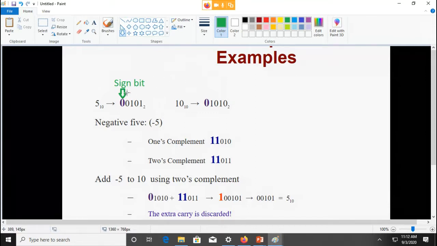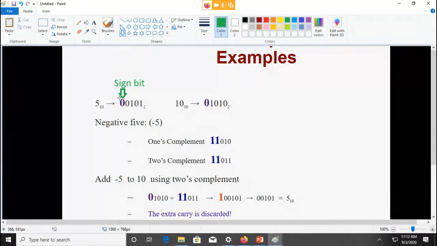If it's positive, we're going to make it a 0. Sorry, I said that wrong. So the sign bit is the leftmost bit of a number, and a 0 indicates it's a positive number. Then if we want to make it negative, what we do is we take the complement.